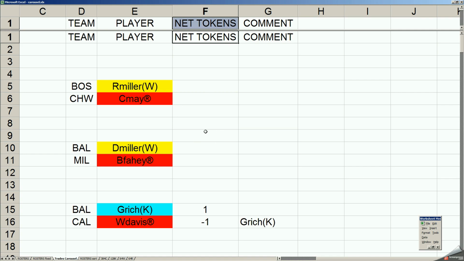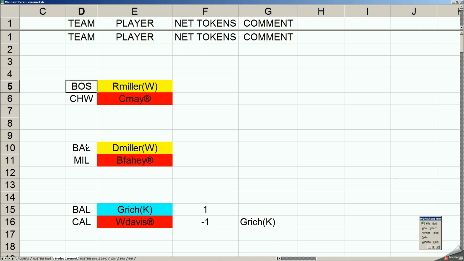And then once the draft's over, they have to go sign free agents to fill up the 20-man roster. That's where tokens come into play because a team with the most tokens gets first crack at those. So the tokens column here will be denoted when it's important, and I'll put a comment as to why. So that was Boston's only move, and we're going to move on.